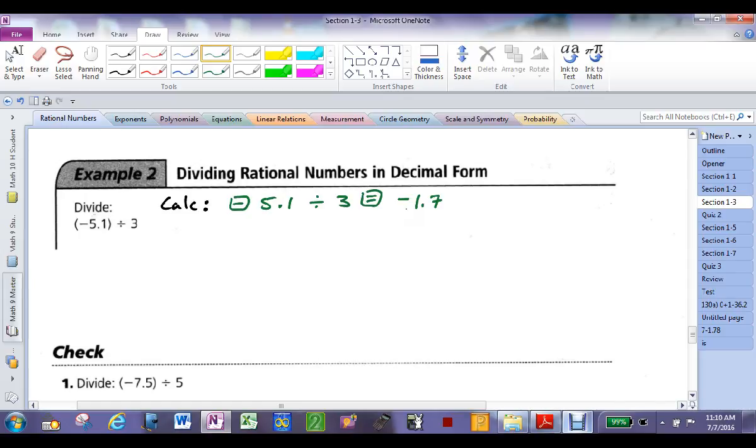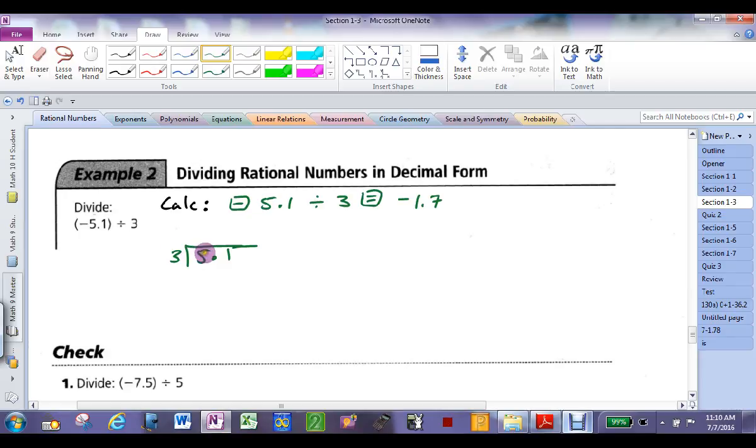Kind of. 5.1, we're going to divide it by 3. We don't want to worry about this decimal, so we're going to get rid of it. I'm going to move it over. We're going to leave it right there for now.